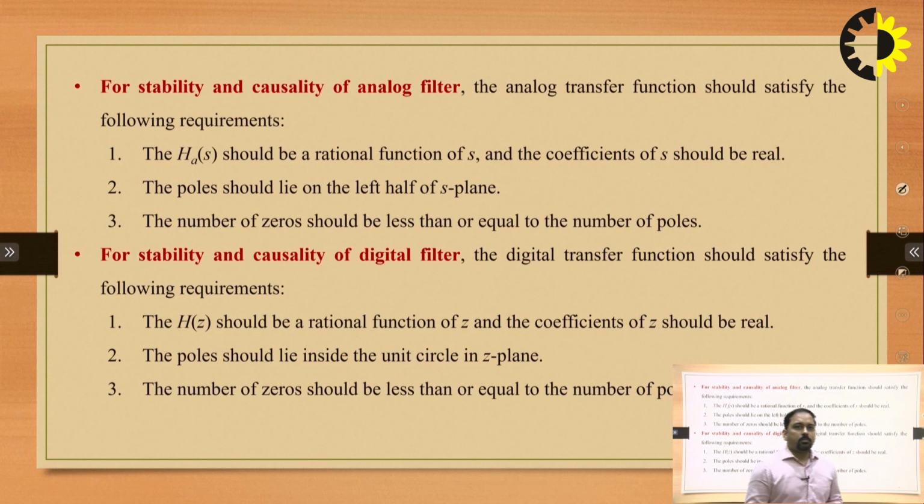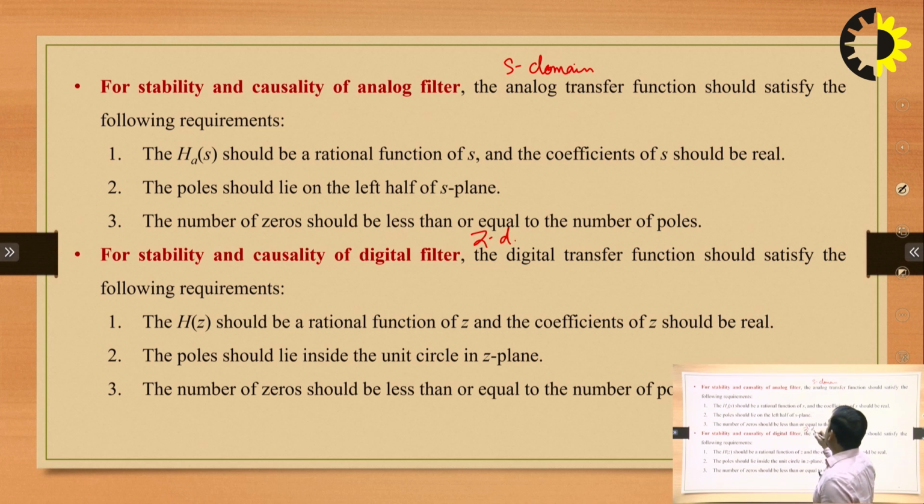Now for the stability and causality of an analog filter, we are already aware of how we can check the stability in the S domain. This one is in the S domain and this one is in the Z domain.